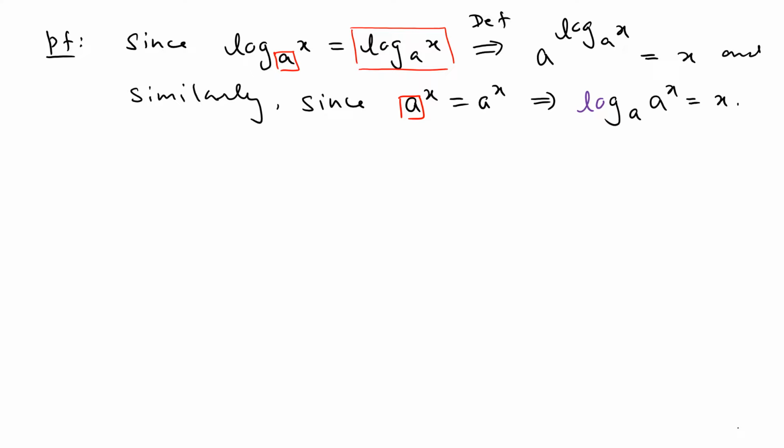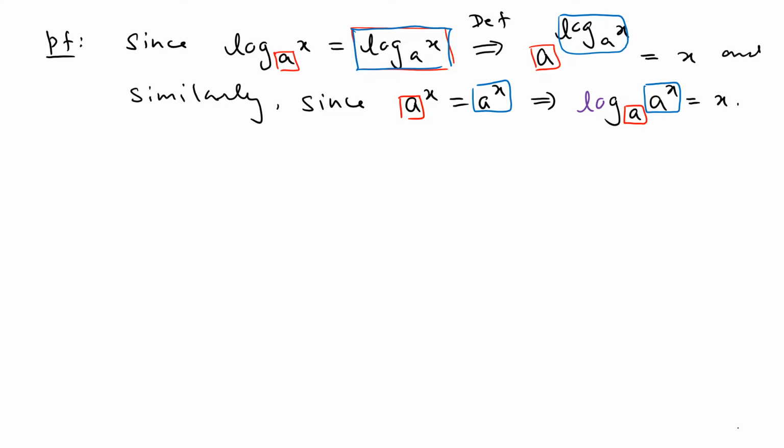In this one you consider a as the base and this one just as a number. That's the base you are talking about, and this is the number you are talking about. So that's a very short proof.